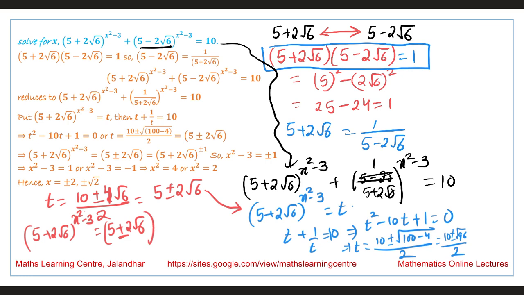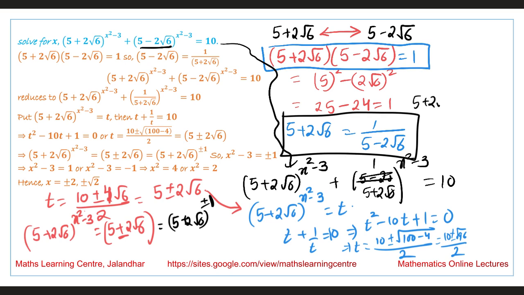So we can write this as 5 plus 2 root 6 raised to the power plus minus 1, because 5 plus 2 root 6 is equal to (5 minus 2 root 6) raised to the power minus 1. So when we have a minus sign, we have minus 1 over here. Comparing the powers, we obtain x squared minus 3 is equal to plus minus 1.